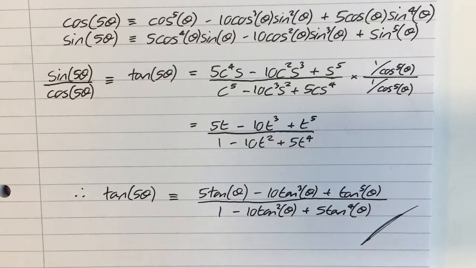And there is my identity for tan of 5 theta in terms of powers of tan. Notice that on the top, all of them are odd powers, on the bottom are all even powers. It's fairly common to have that kind of pattern on these tan identities.